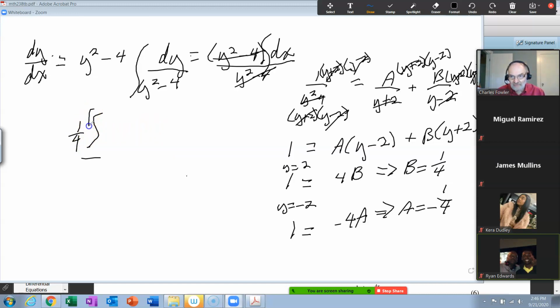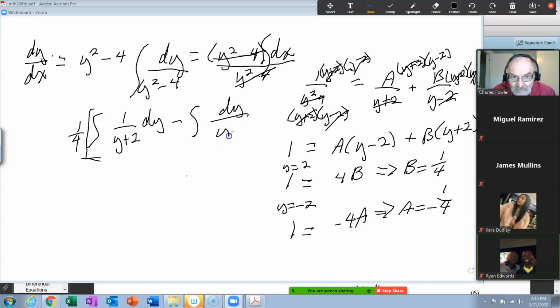Since both of them have 1/4 on it, I'm going to put the parentheses there and have 1 over y plus 2 dy minus the integral, because 1/4 is out front, I'm going to put the dy on top, dy over y.